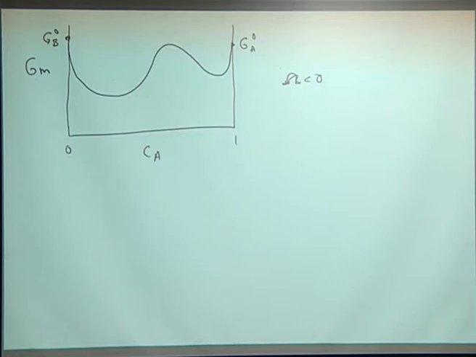Equilibrium is given by a common tangent, or the constant chemical potentials, which is a common tangent construction that looks like this. And by construction, these are the equilibrium compositions, what I've been calling C beta E and C alpha E. And this is the chemical potential of beta equals the chemical potential of alpha of component A. And this is mu A.